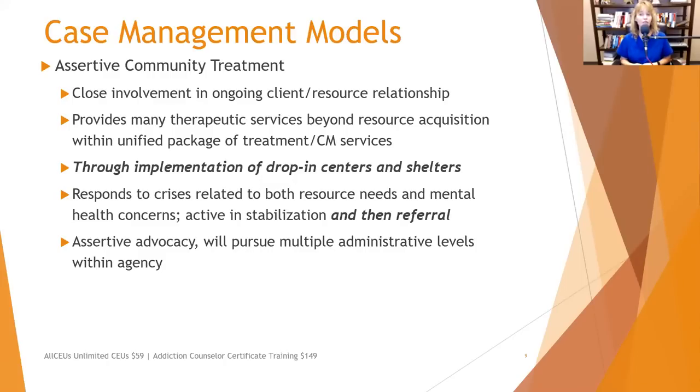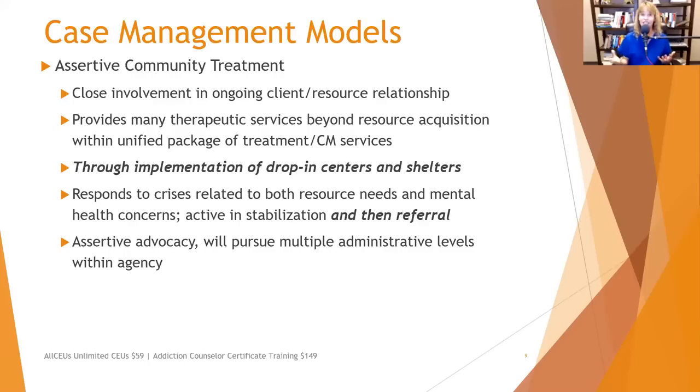It responds to crises related to both resource needs and mental health concerns, and is active in stabilization, but then refers to the appropriate agency. Assertive advocacy will pursue multiple administrative levels within an agency.